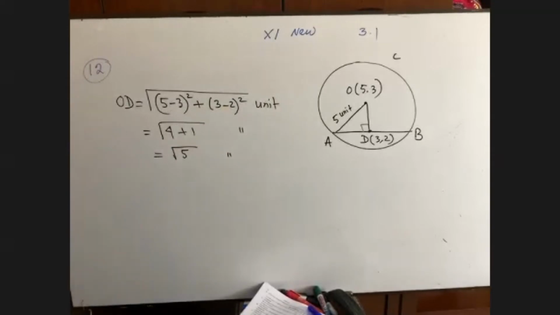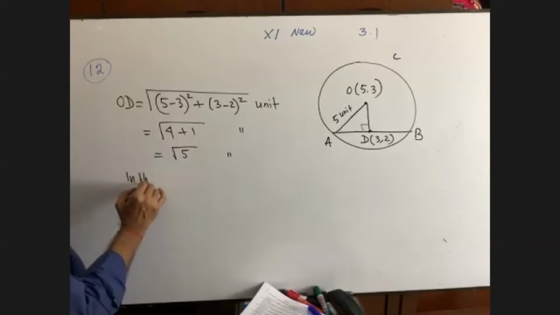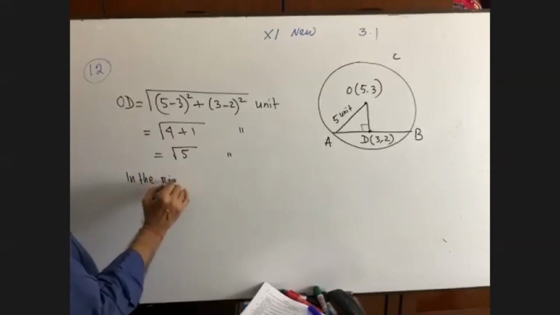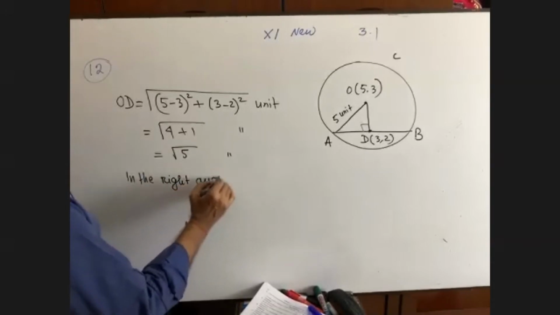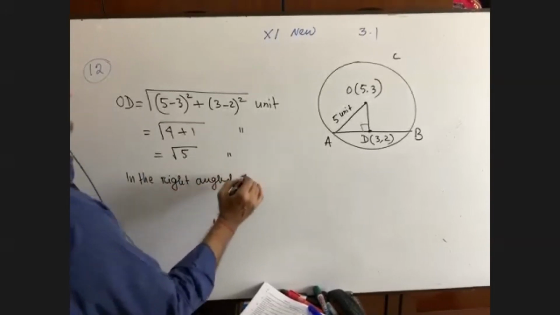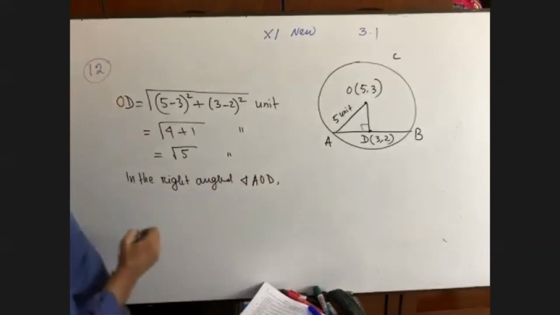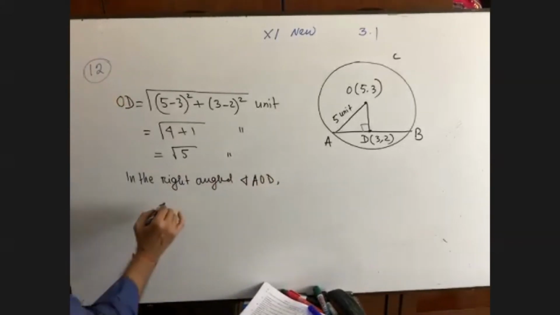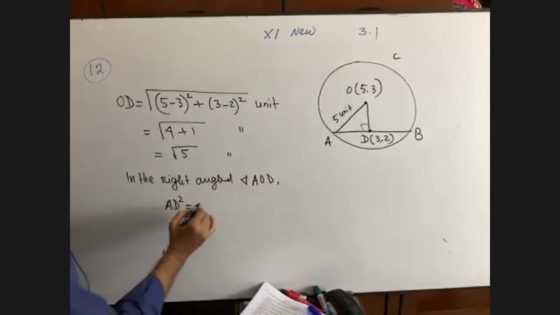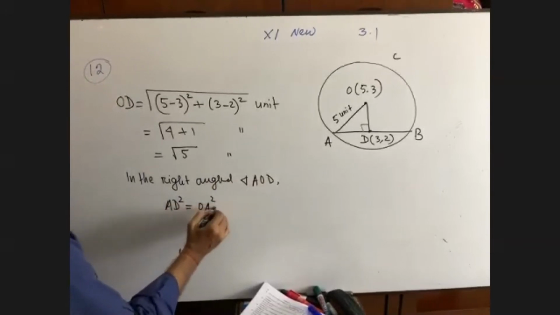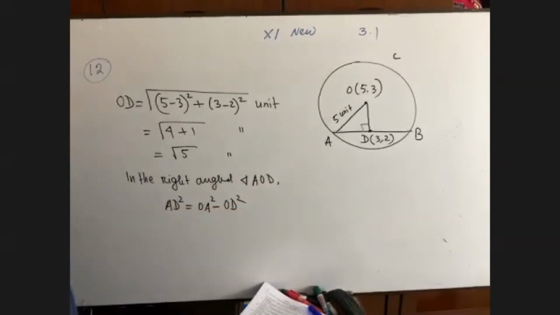OD. In the right angle triangle AOD, we can write AD square is equal to OA square minus OD square, right?